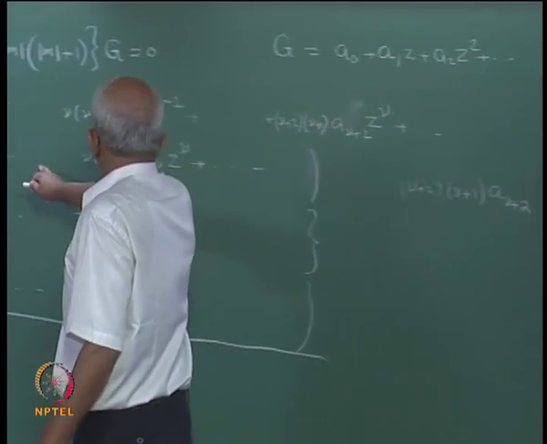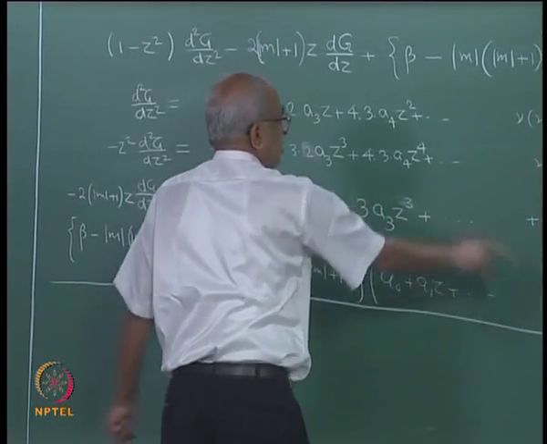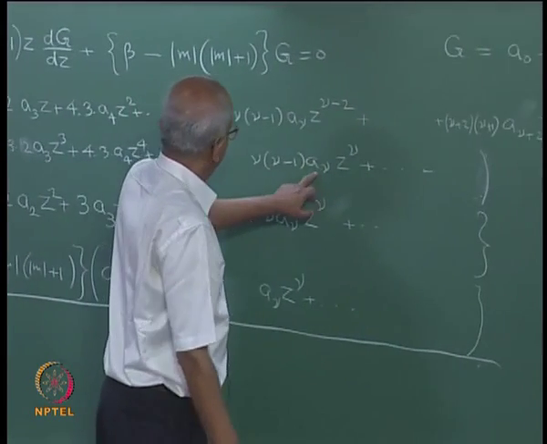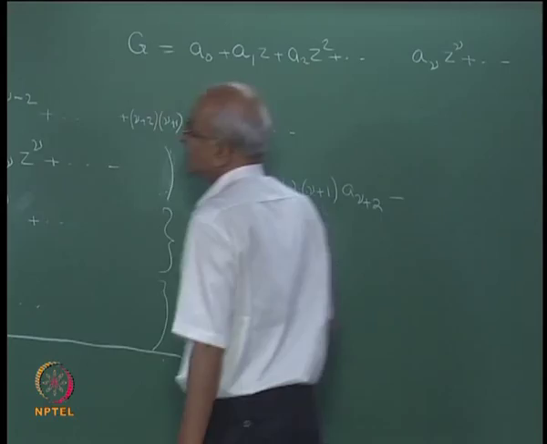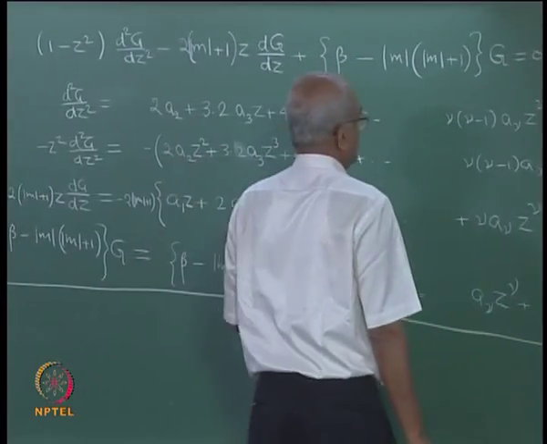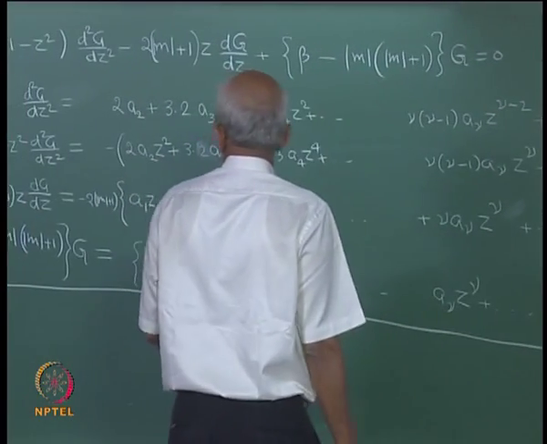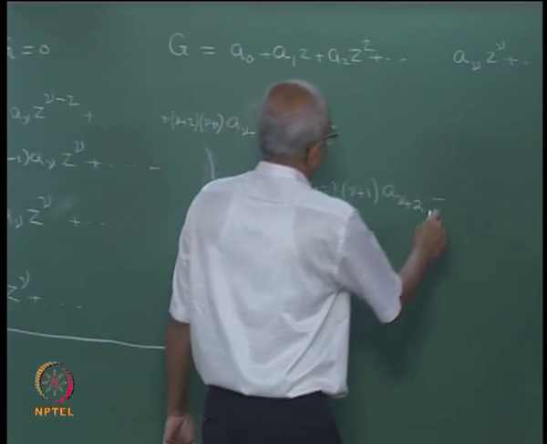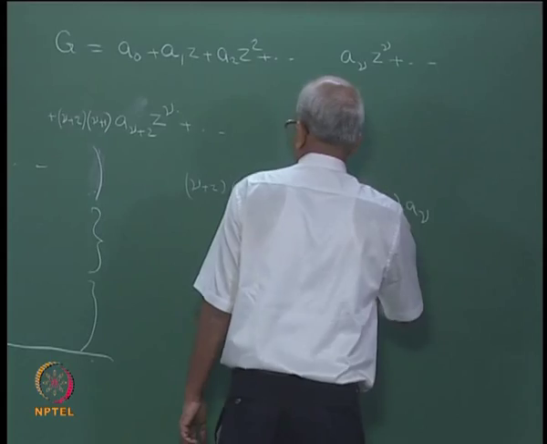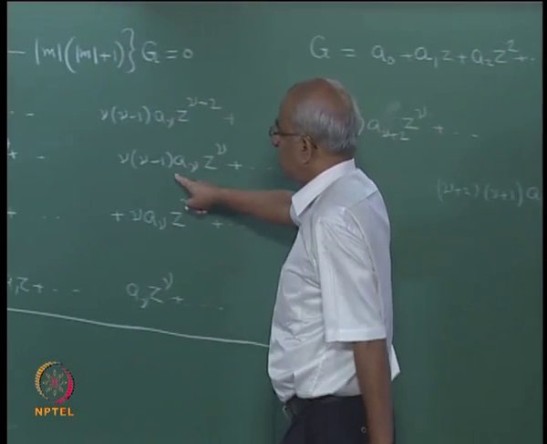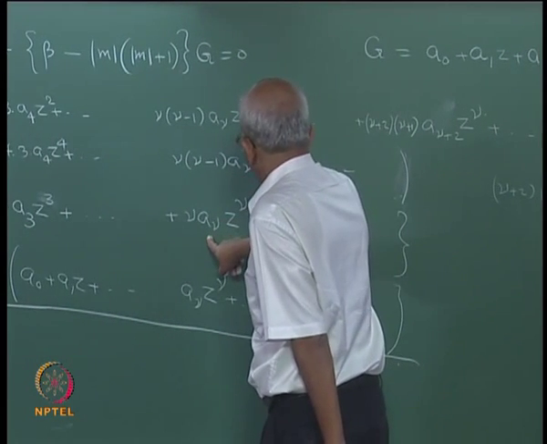Then from this term I will get this term, which is going to be minus, right, that is a minus sign outside, nu into nu minus 1 a nu. So, that is what I am going to get from there, while from here what will I get?